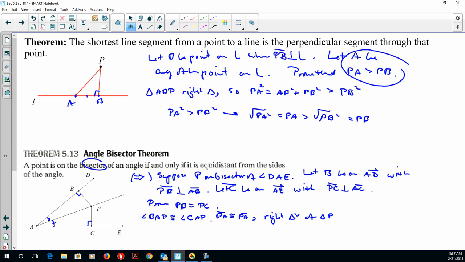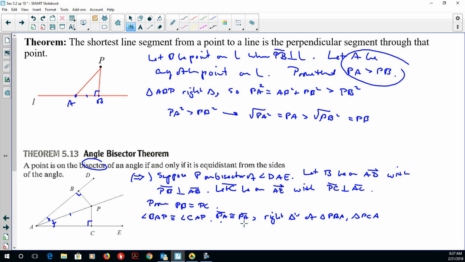Okay. So, in other words, the hypotenuse of one equals the hypotenuse of the other, and one angle is congruent to the other.